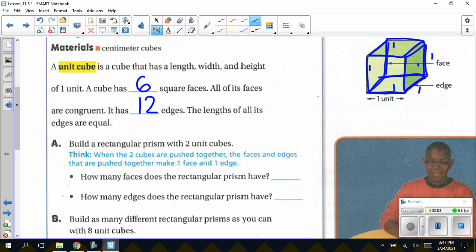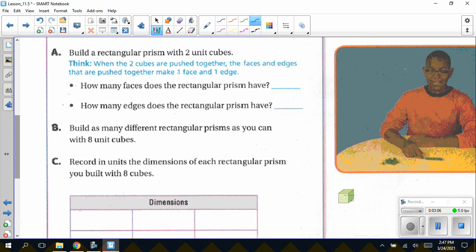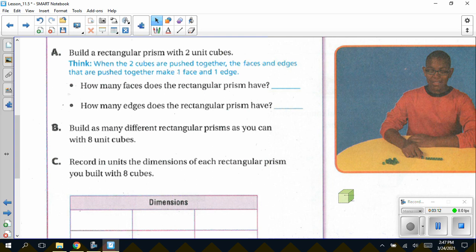Now we're going to start our investigation. We're first going to start with a prism that has only 2 unit cubes. So I did shrink that unit cube down so that way I can build this prism with 2 unit cubes. With this prism, notice they're asking how many faces does it have. Well, just like before, I've now placed both of those cubes together.